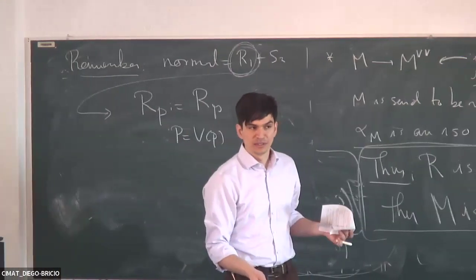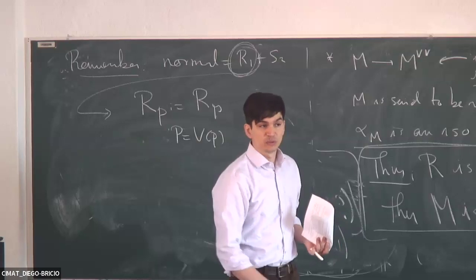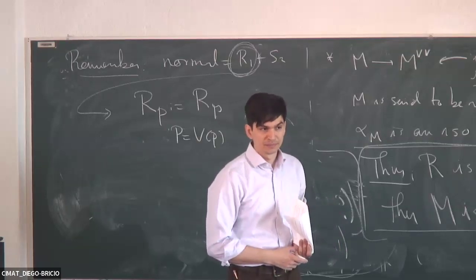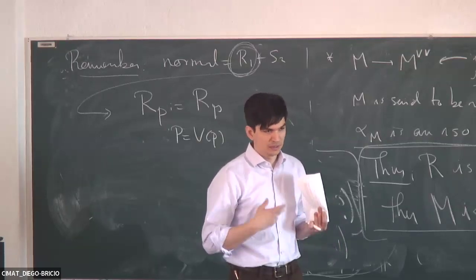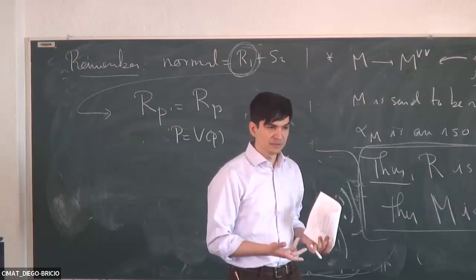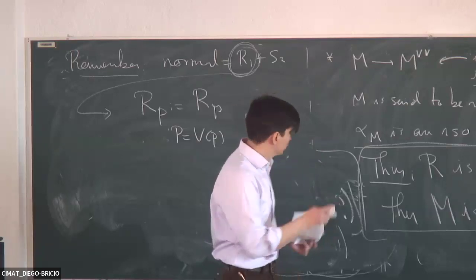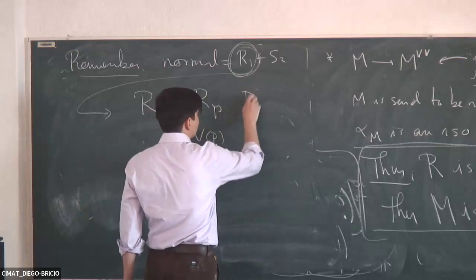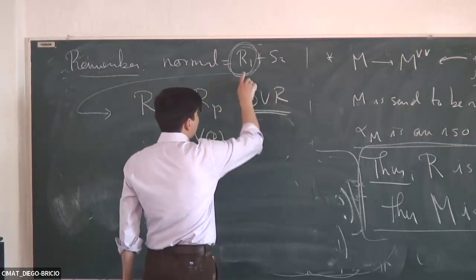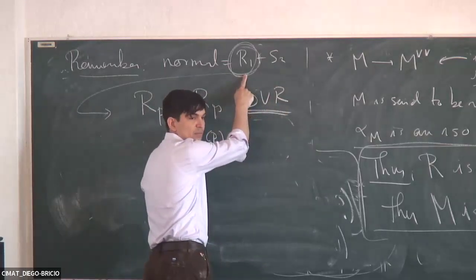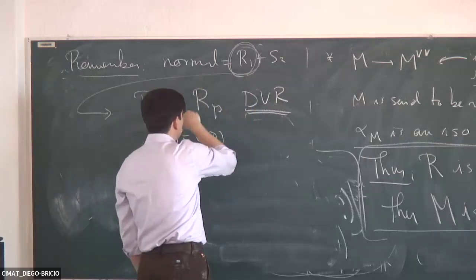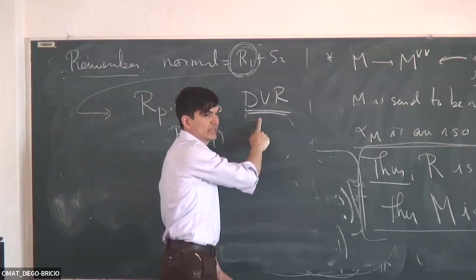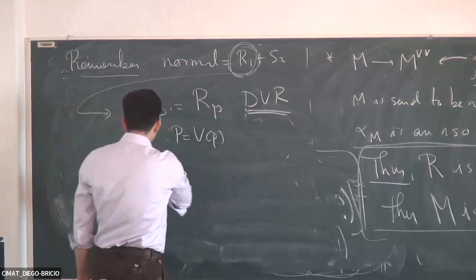Therefore, it is what? It is a discrete valuation ring. Remember, regular in dimension 1 means DVR. Okay, so this is a DVR. That's the second important property about normal rings. When you localize at the prime divisor, what you get is a DVR.